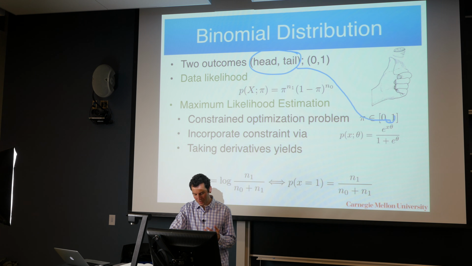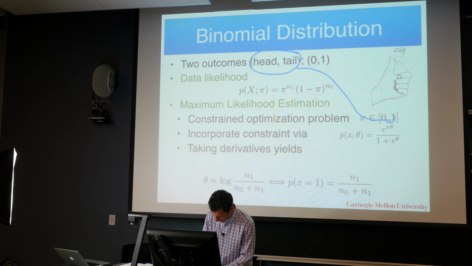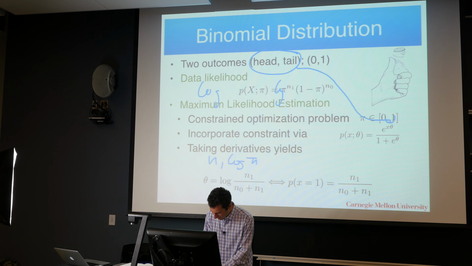And so now I can just take the log of this. Of course, what I get is that the log of p of x is now just n1 times log pi plus n0 times log 1 minus pi.